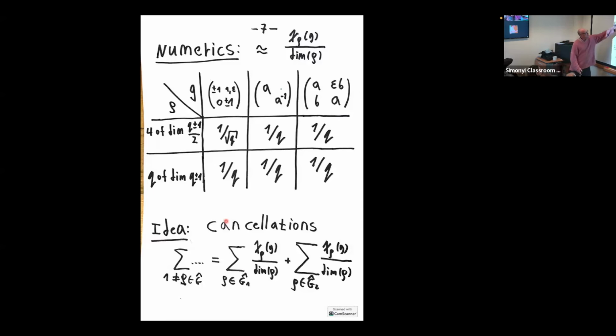Now, if you look at this column for the non-generic element, the non-generic conjugacy class, actually for those, the character ratio on them is much larger. It's of order of magnitude 1/√q. So you might suspect that if there is cancellation in this sum, I better split it into two: the sum over all those small ones and the rest.